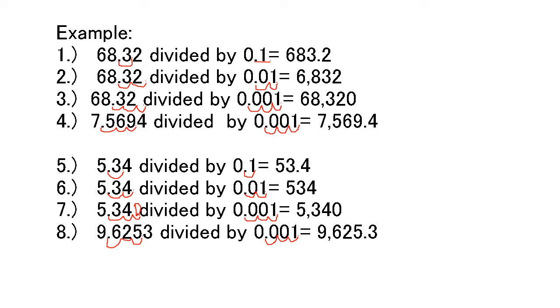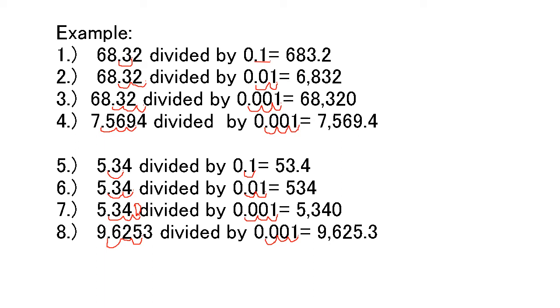Next, 7 and 5,694 ten thousands divided by 1,000. The answer is 7,569.4 or 7,569 and 4 tenths.